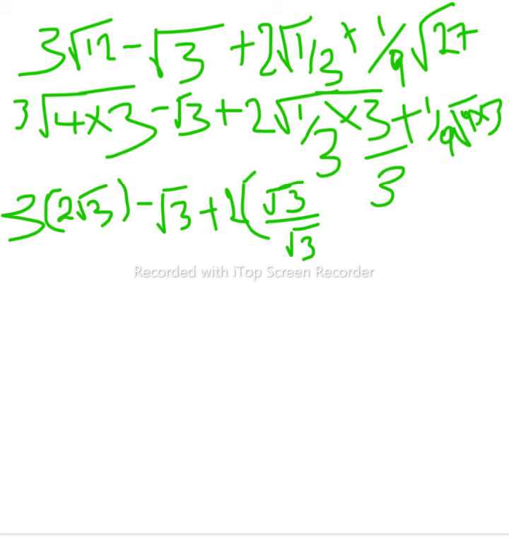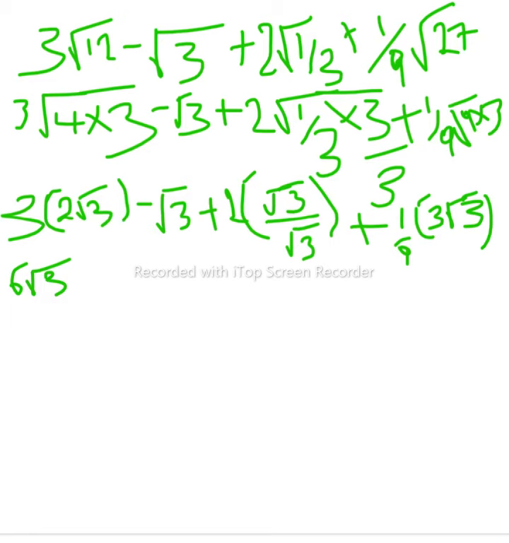Again we have 1 over 9 under the radical. 9 is a perfect square, so it comes out of the square root as 3, and the 3 is not a perfect square, so it stays as it is. Then we multiply the numbers outside: 3 times 2 is 6, 6 root 3.